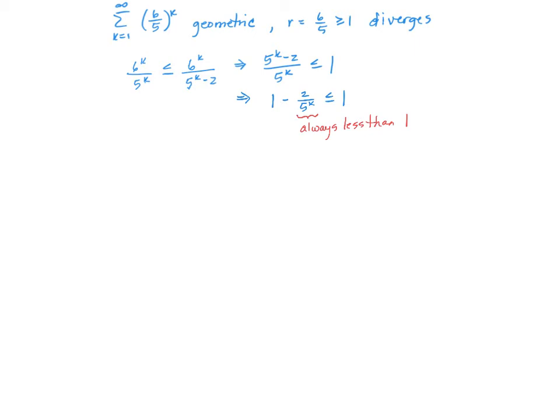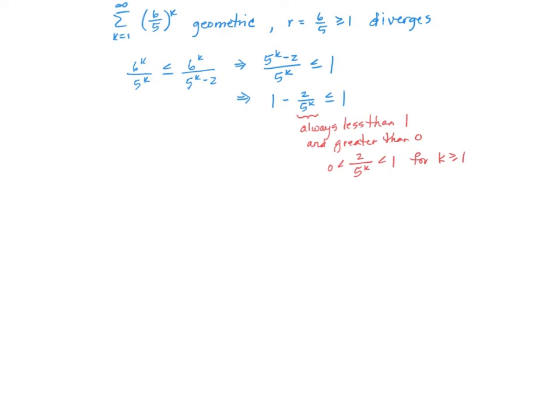So 1 minus some small fraction that's less than 1 gives me a value that is less than or equal to 1. Another way to write this is that 2 over 5 to the k is between 0 and 1. But remember, k starts at 1, so for k greater than or equal to 1, we have to make sure this is true for all our k values.